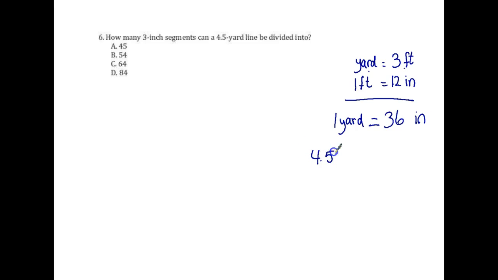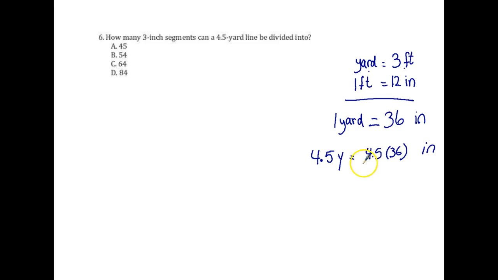So 4.5 yards are going to equal 4.5 times 36, so we can get the inches. Some of these TSI questions will allow you to use a calculator, but let's do it using regular multiplication, in case they don't give us a calculator.